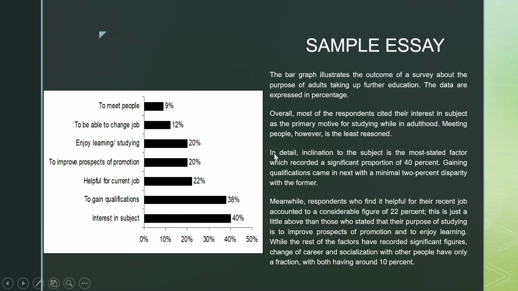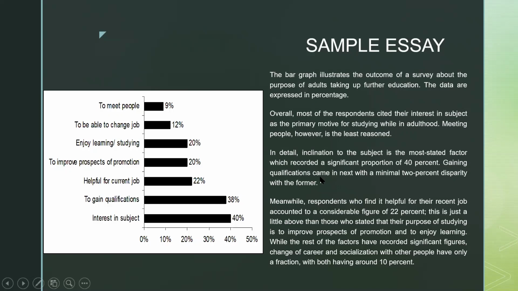Here you can use your transition. You can use this, in detail, as your transition if you're going to start your body paragraph. You can use this as your default. In detail, inclination to the subject is the most stated factor, which recorded a significant proportion of 40%. Gaining qualifications came in next. So this is how I emphasize my ranking.